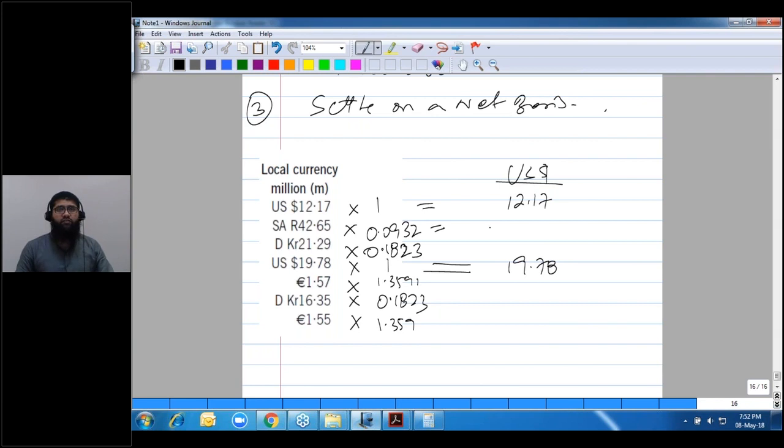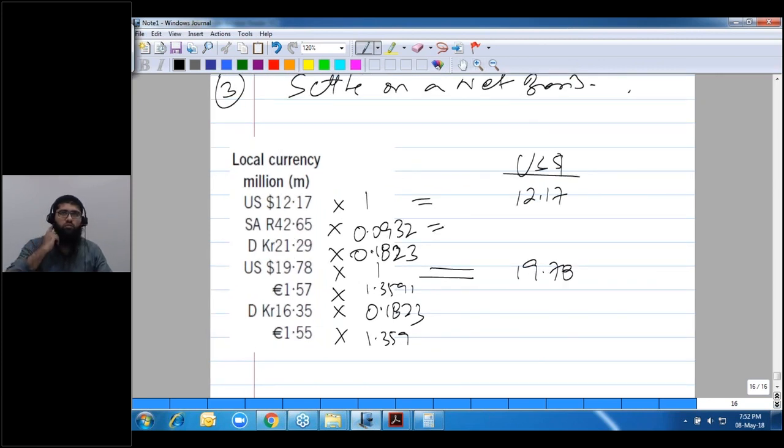So can somebody please share the amount of the transactions in terms of dollar? Can you please share it? Okay, and what else?